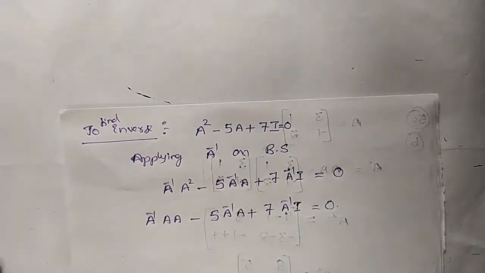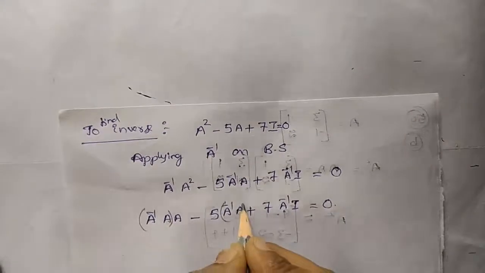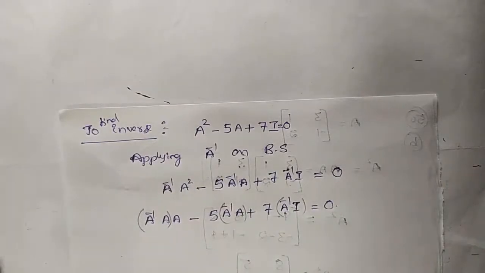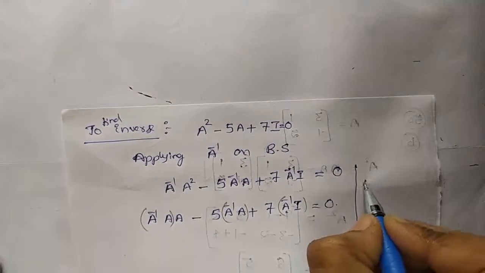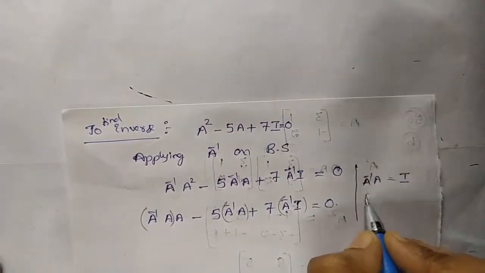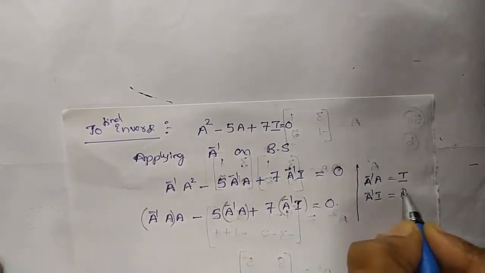We know the properties of A inverse, A and I. From the matrices we have the properties A inverse A is equal to I. A inverse into I is equal to A inverse again.